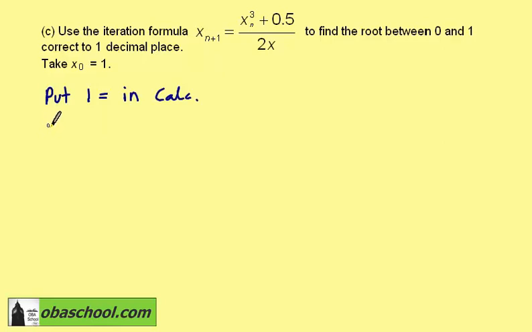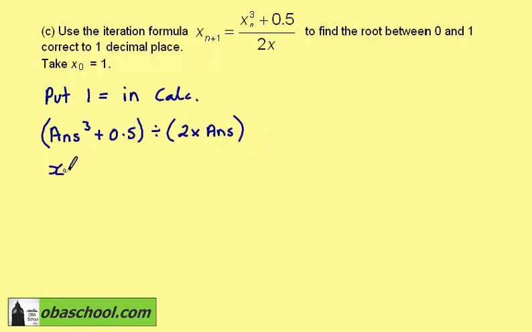So we'll begin by cubing the last answer and then adding 0.5. This should be in a bracket. We then divide by open bracket 2 times the last answer. So note that the xn's are the last answer in our formula.